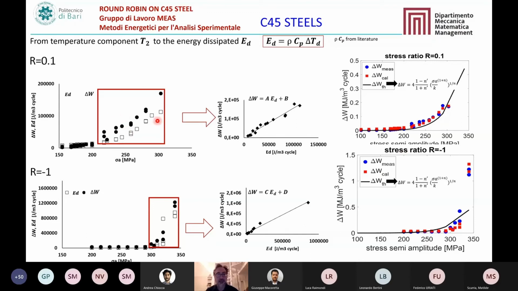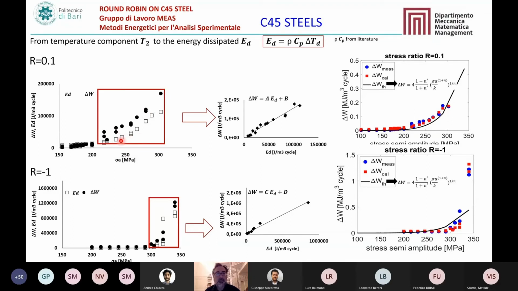If we focus the attention on the information we have here in terms of the hysteresis loop measured and the energy dissipated estimated by the second harmonic temperature variation, which is related to plastic work, then we obtain these two graphs.